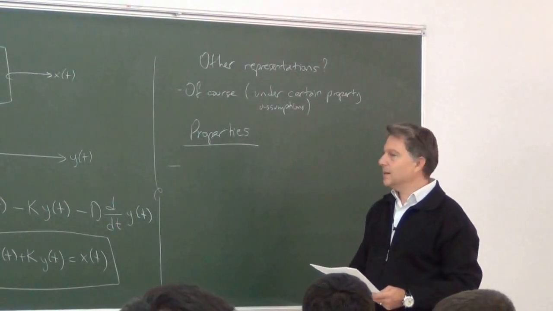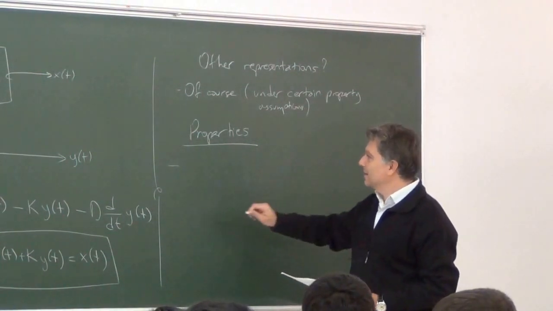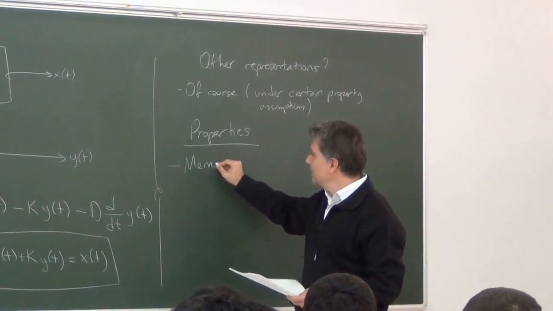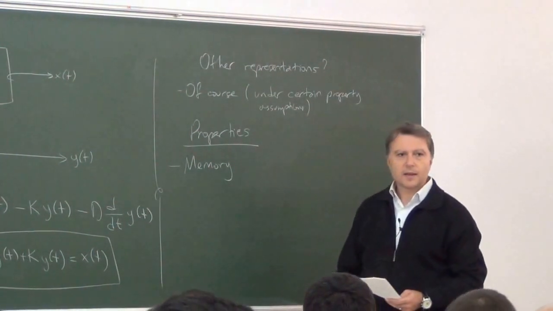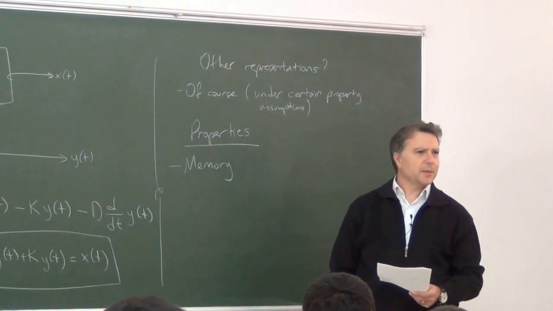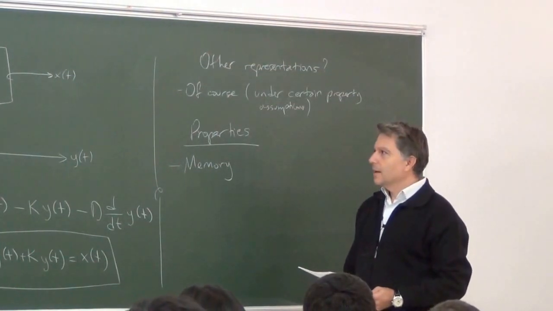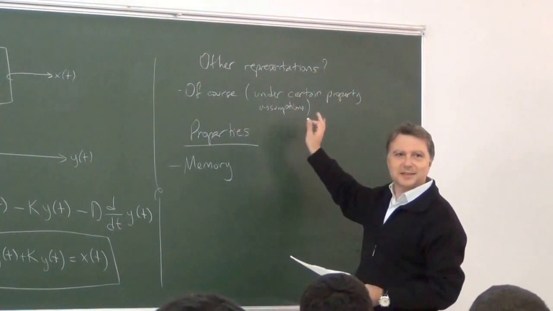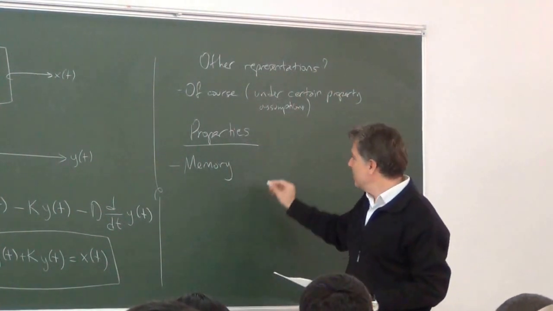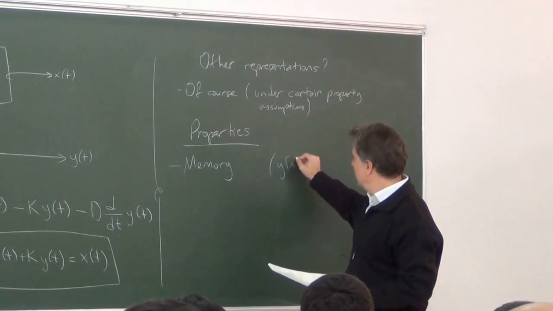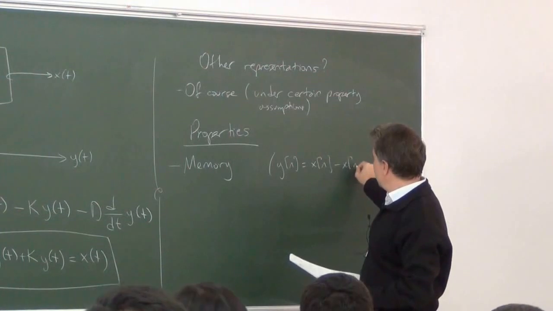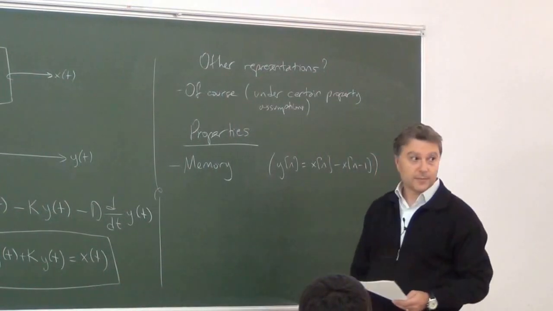Let's start with the first property that we may think of, and let's start with memory. What do we mean by memory? Do you remember the example that I have erased right now? y of n is equal to x of n minus x of n minus 1, for instance.